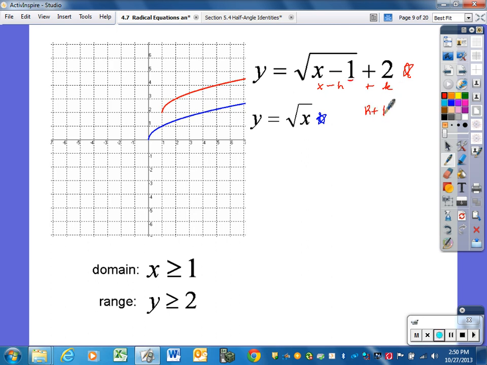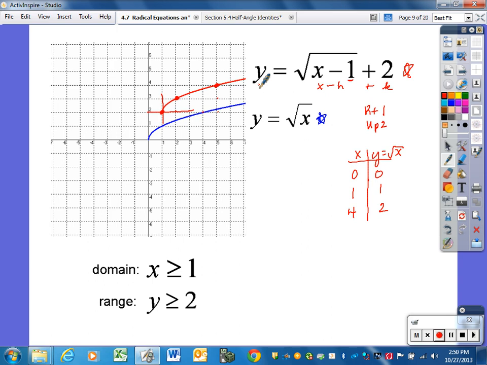Right 1, up 2 from my origin of 0, 0. Then I had 1, 1, 4, 2. Let's take 0, 0 and shift right 1, up 2. Does that give me my beginning? And from this new origin, then I can plot 1, 1, 4, 2, and do my Nike.